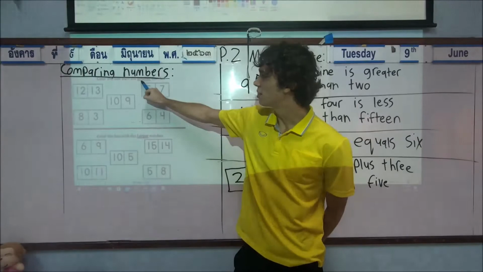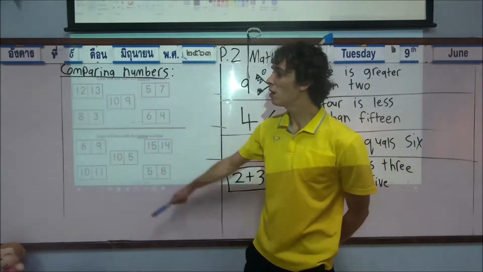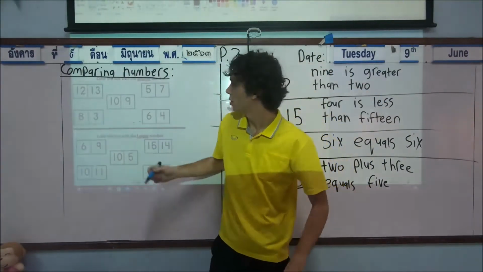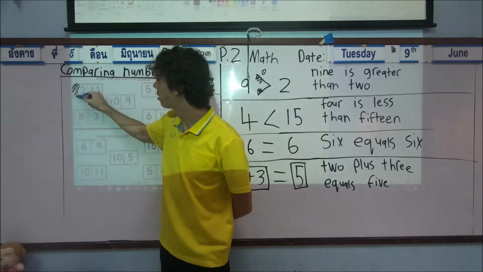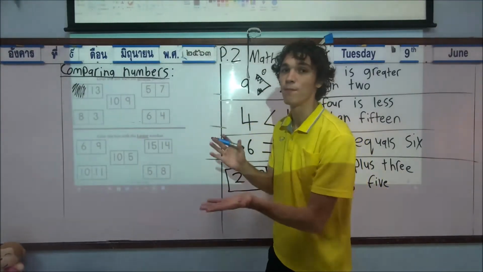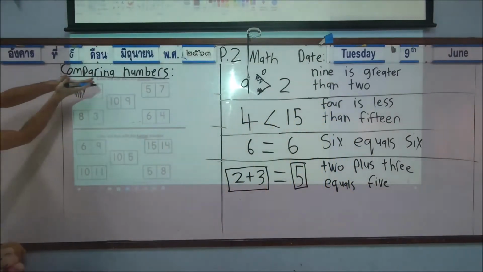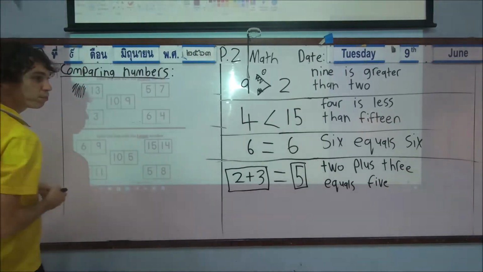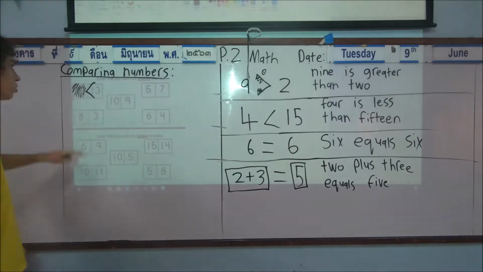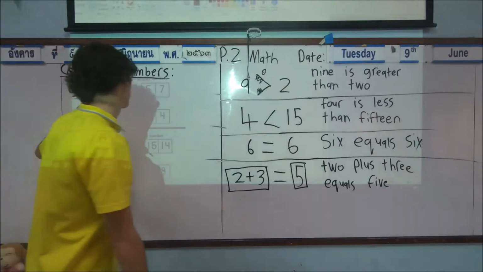Which one is smaller? 12 is smaller, it's lower. So we color. If we want to use a mouth, we eat 13. 13 is bigger. 12 is less than 13.